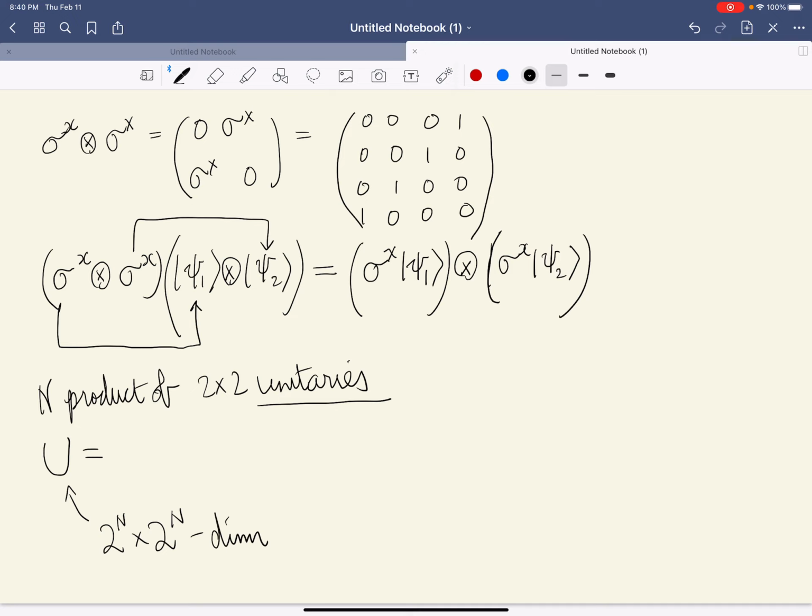However, you can break that down as a direct product, or tensor product, of unitary matrices acting individually on each qubit. So now each unitary here is a simple 2 by 2 unitary matrix.